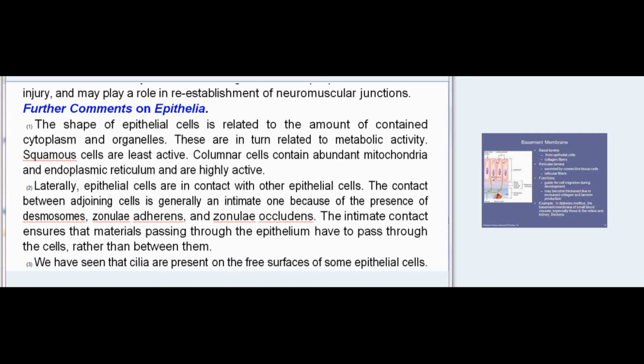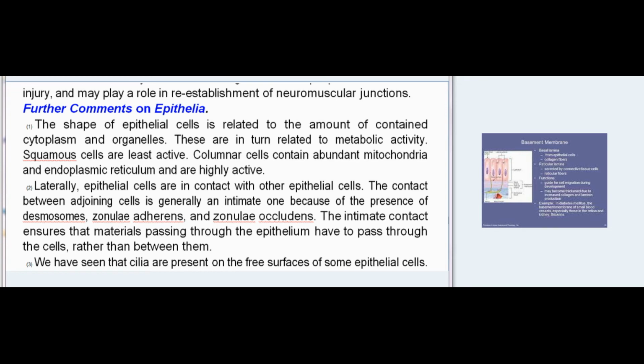1. The shape of epithelial cells is related to the amount of contained cytoplasm and organelles. These are in turn related to metabolic activity. Squamous cells are least active. Columnar cells contain abundant mitochondria and endoplasmic reticulum and are highly active. 2. Laterally, epithelial cells are in contact with other epithelial cells.